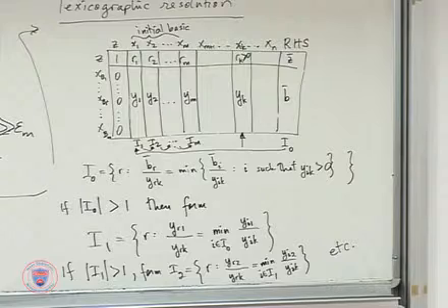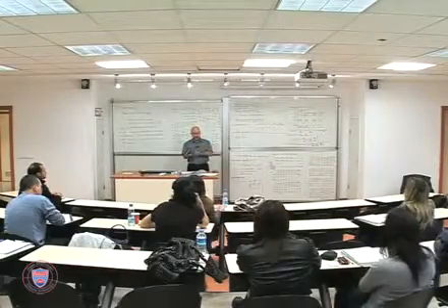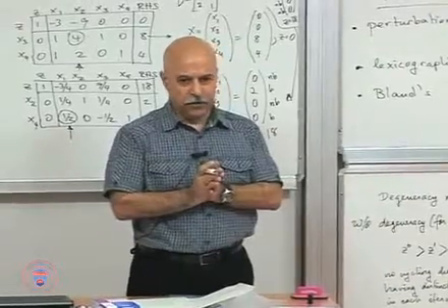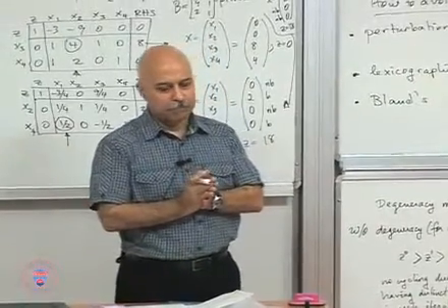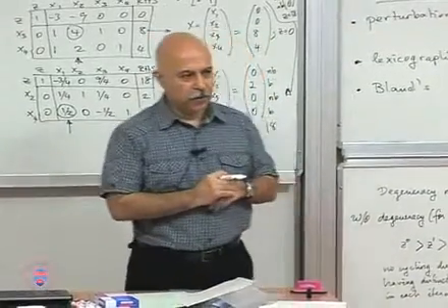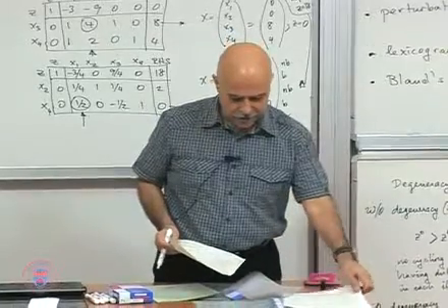So you need to define what lexicographic ordering means. You know, one vector being lexicographically greater than another vector, so on and so forth, which I'm not going to get into because they are already settled. So let's not bother with that. We have more important stuff to cover during the course of the semester.